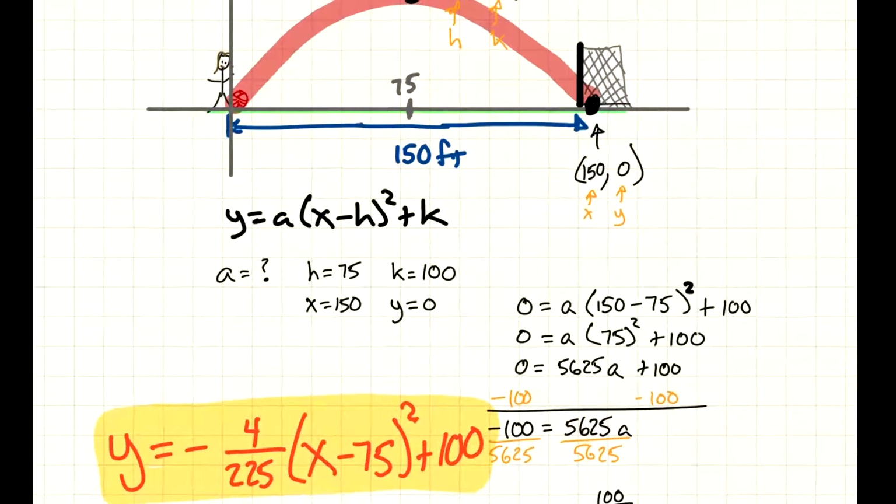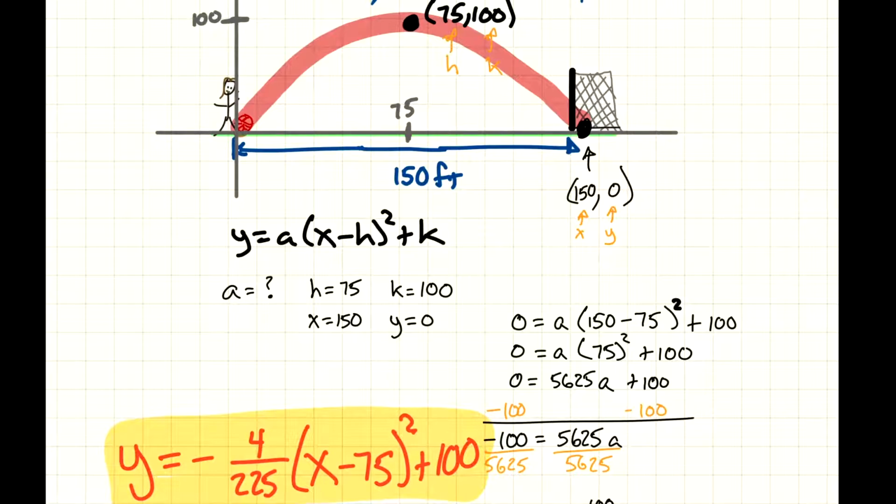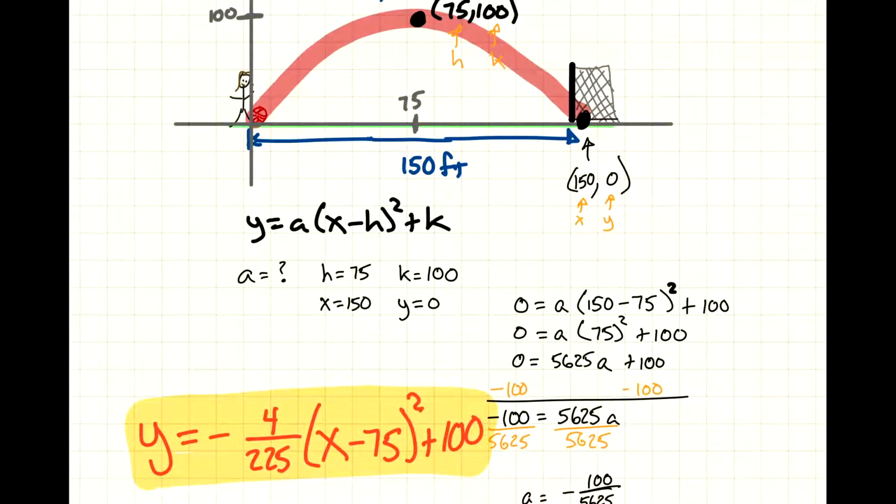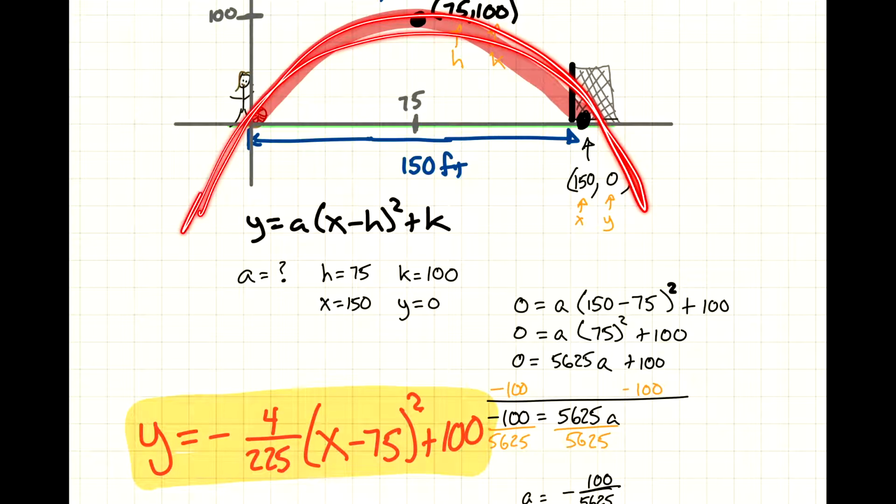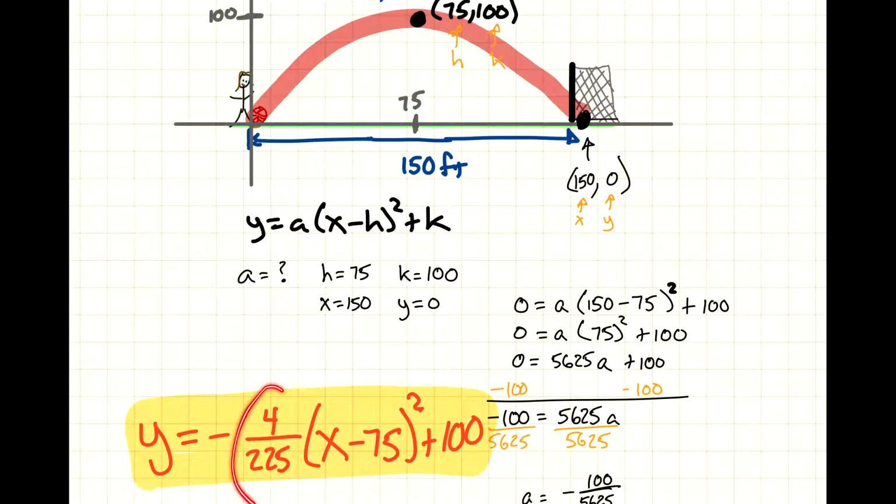So at any point, we could tell where that ball is going to be. Make note of, you'll notice we have a negative number here. Your A value is negative, which makes sense because this graph has a negative orientation. All right, negative orientation. And this fraction tells us that it's going to be pretty wide.